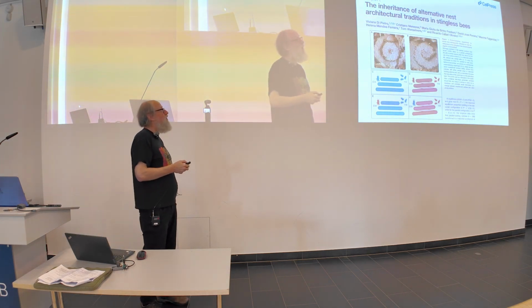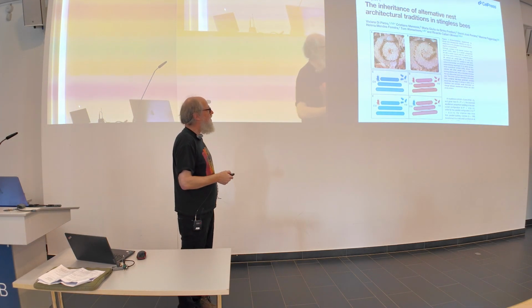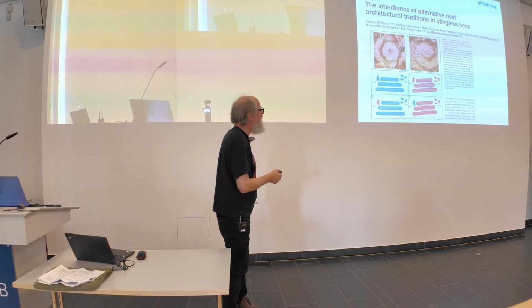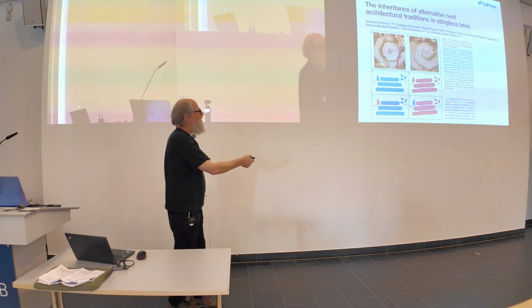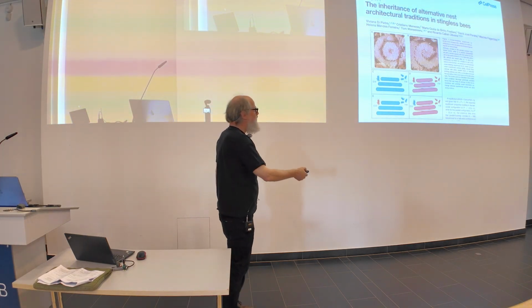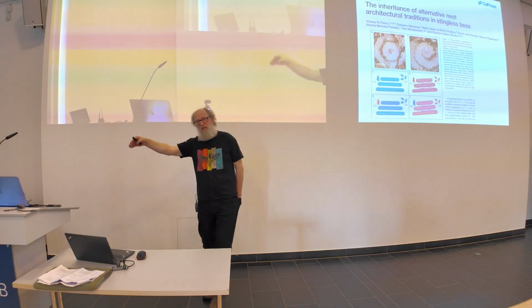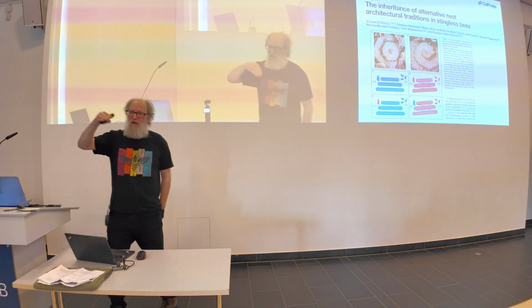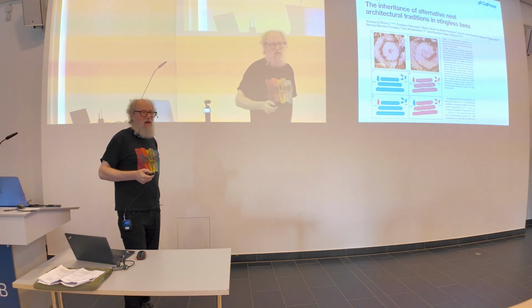So what the authors did is they basically cross-fostered colonies that came either from horizontal combs, parallel ones, or spiral-shaped ones, put them into the respective opposite type, and ask, well, what kind of structure do you build now?